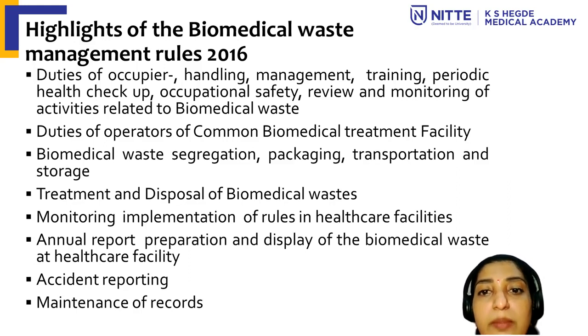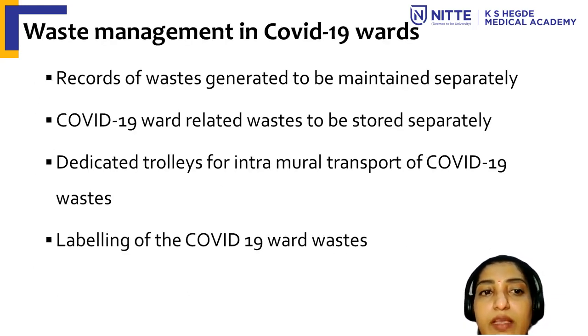This also includes pre-treatment of certain wastes. This also lays down the guidelines for monitoring and implementation of these rules in healthcare facilities, which comes to the accountability part of biomedical waste management, and annual report preparation and display of biomedical waste at the healthcare facility's website, accident reporting, and maintenance of various records.